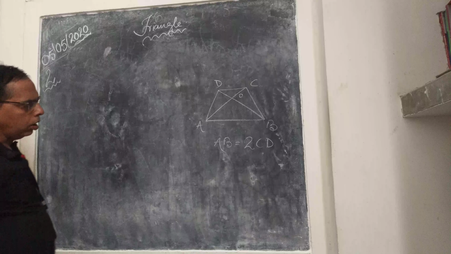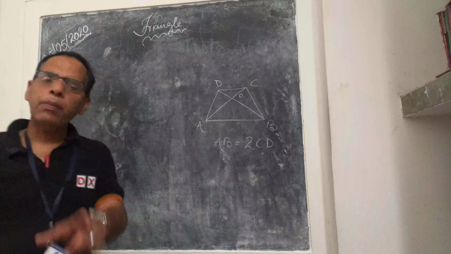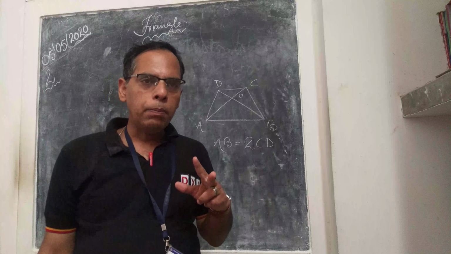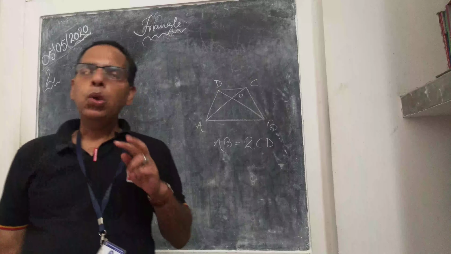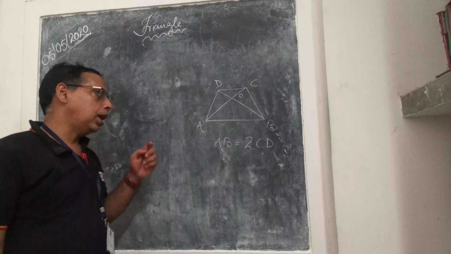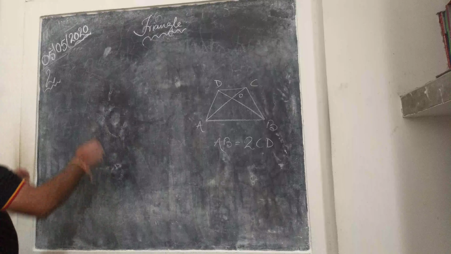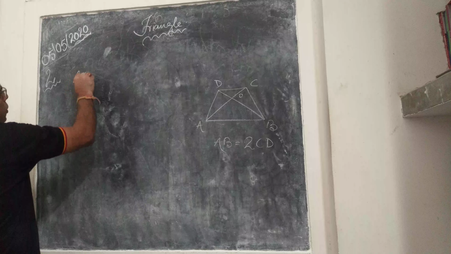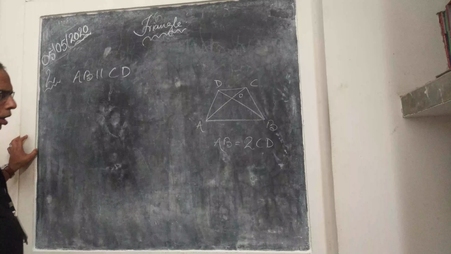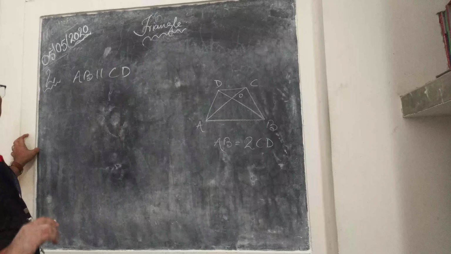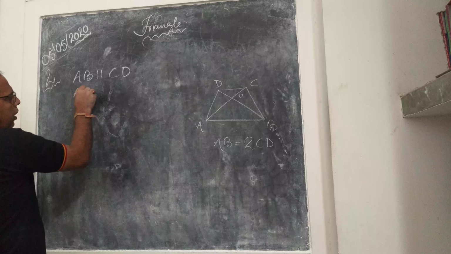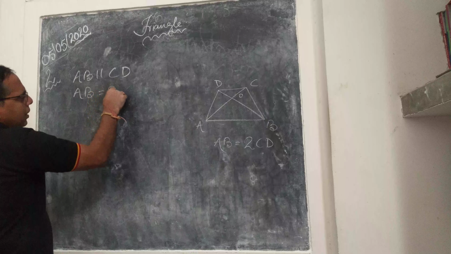Now first of all, ABCD is a trapezium. If ABCD is a trapezium, what is the condition? The condition is that one pair of opposite sides will be parallel. So here you see ABCD is a trapezium, and AB is parallel to CD. So that is the given part. And this is also given: AB equal to twice CD.